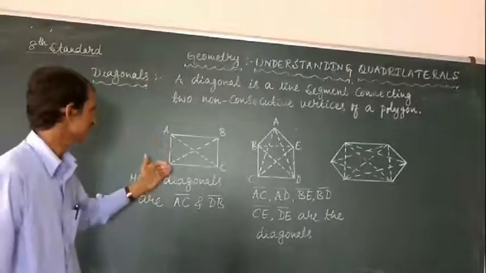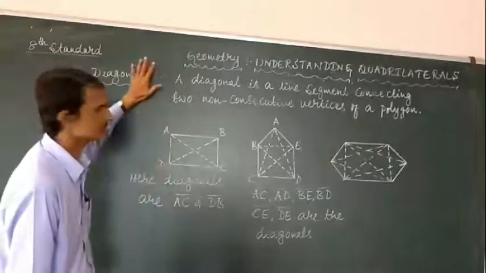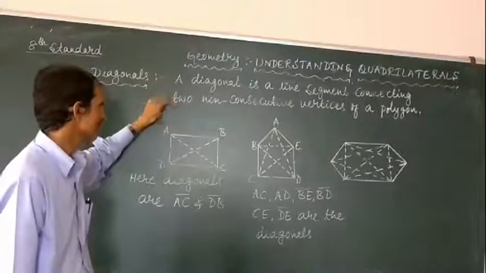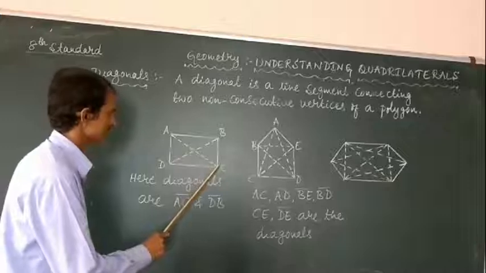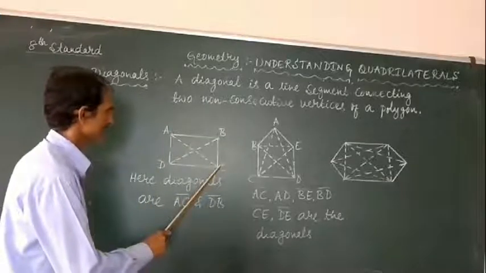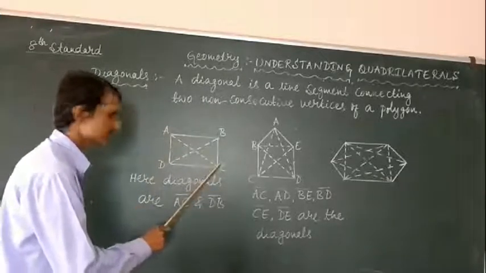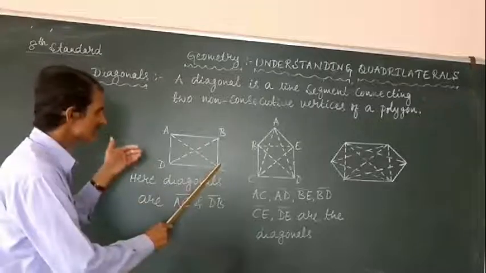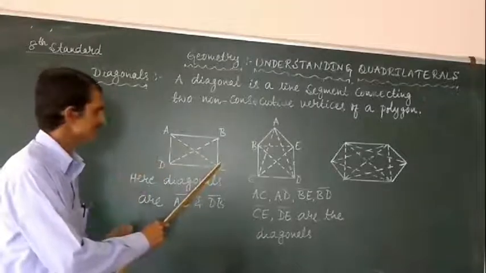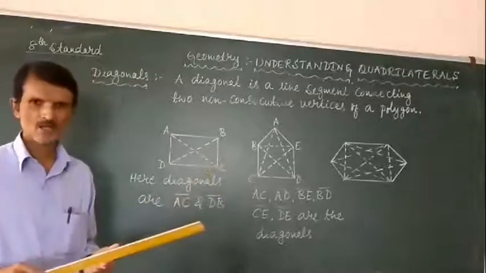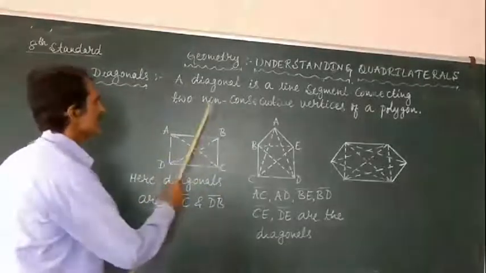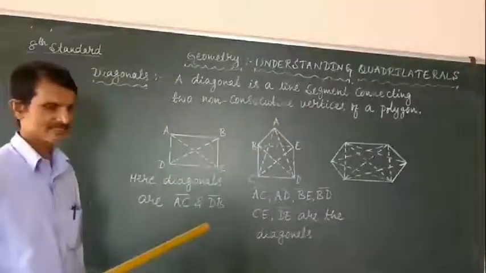By the definition of diagonals, observe the line segment AC. AC is a line segment which connects the opposite vertices or non-consecutive vertices.